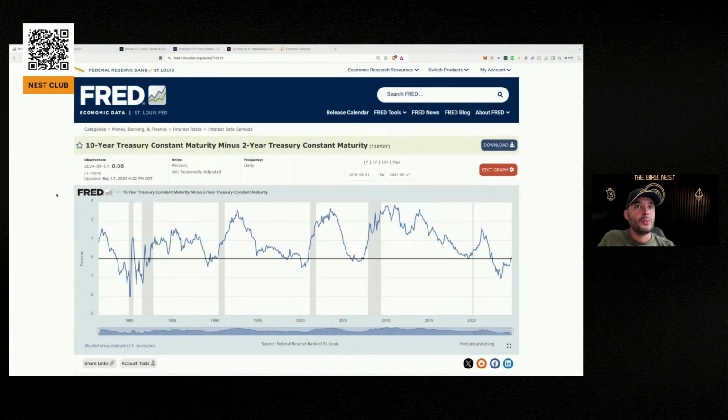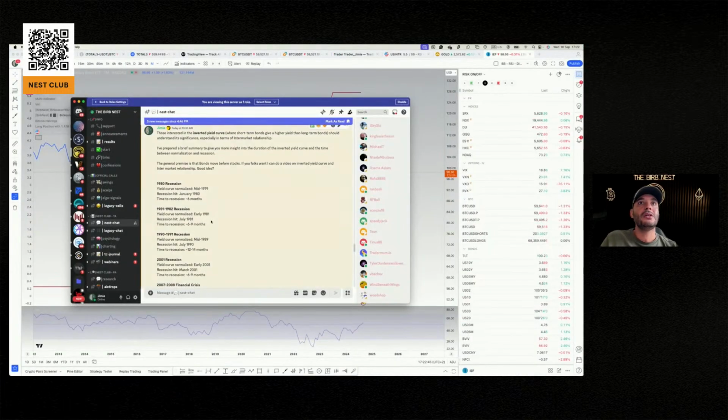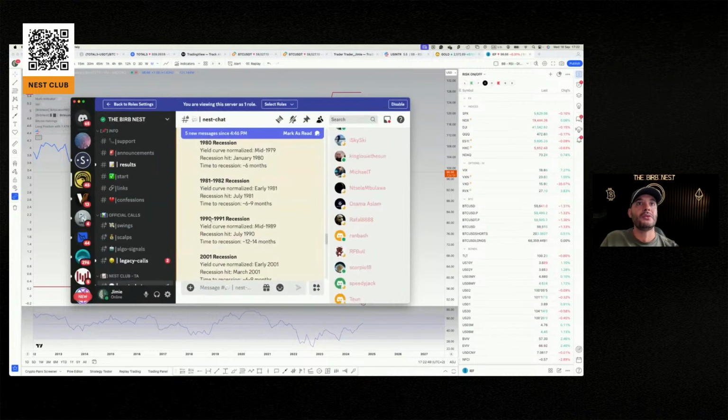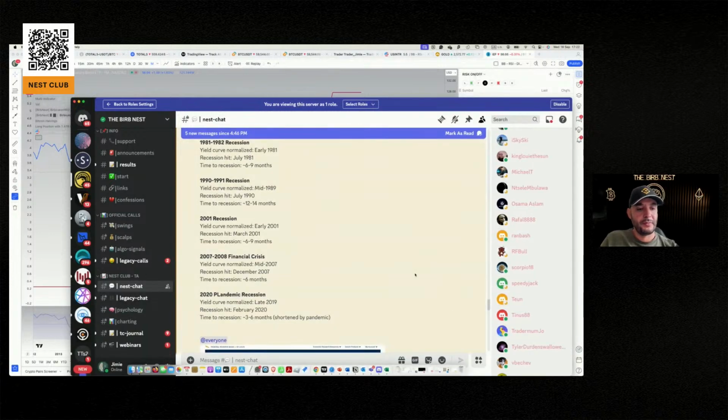But always when we had this normalization of the yield curve, it takes some time before a real recession kicks in. This is something we talked about in our Discord. I'm going to make it a little bit bigger so guys can see this better. Here it is.